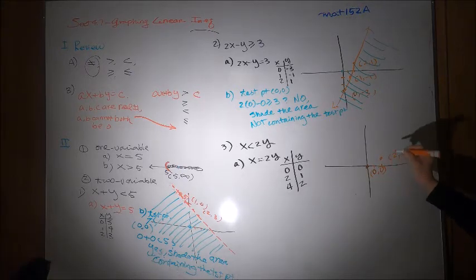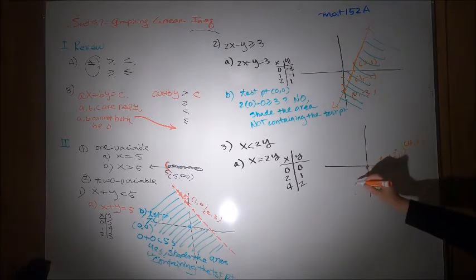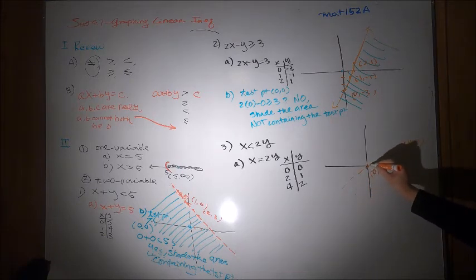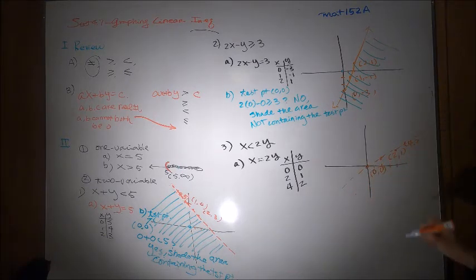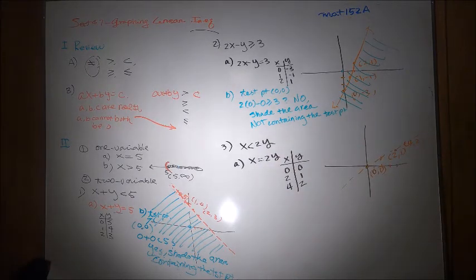And 4, 2. Then you connect the line with what? A dashed line now, right? Because there is no equal sign on the boundary.